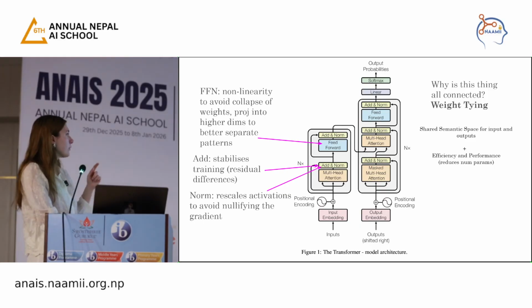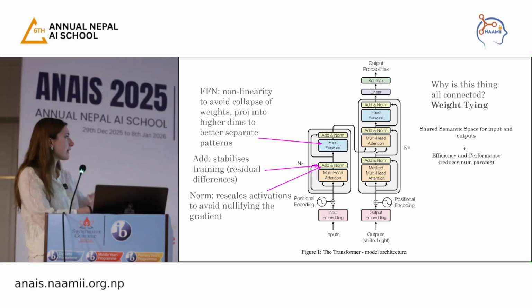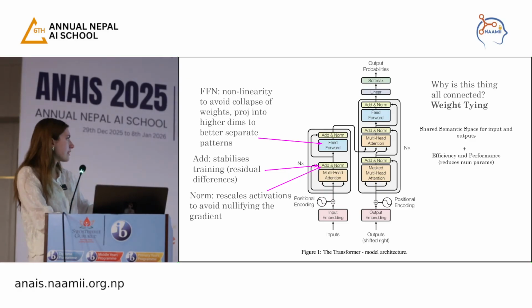Really quickly, the add and norm layer basically acts as a stabilizer for training. At the beginning, the dynamic is not really stable. There's a lot of fluctuations. And we add back the input layer to train the model to just pay attention to the residual differences between one stage and the other.